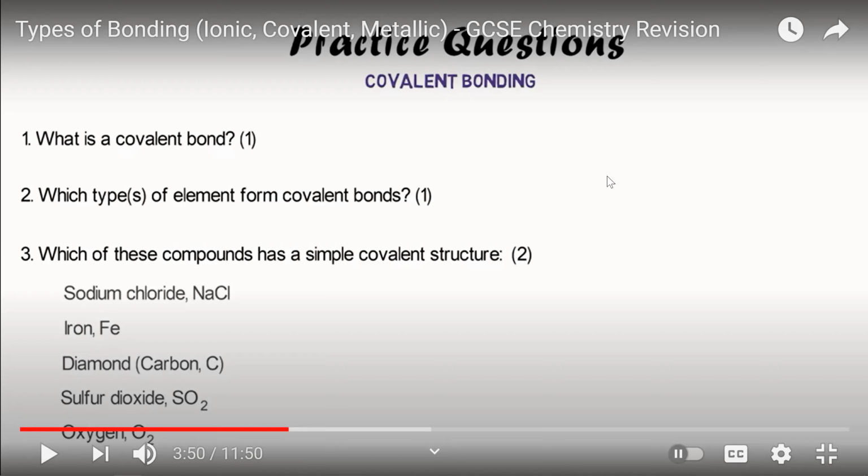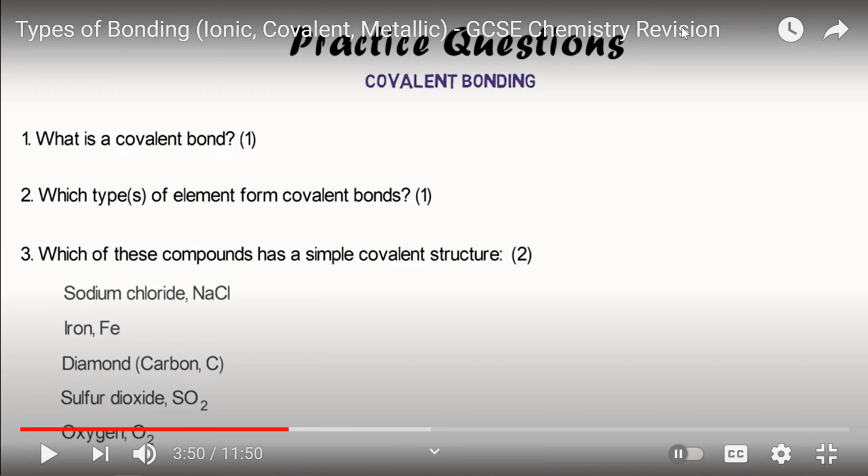Number two, which type of element forms covalent bonds? Iftikhar. Nice, very good. Fida, what types of element form covalent bonds? What type of element?